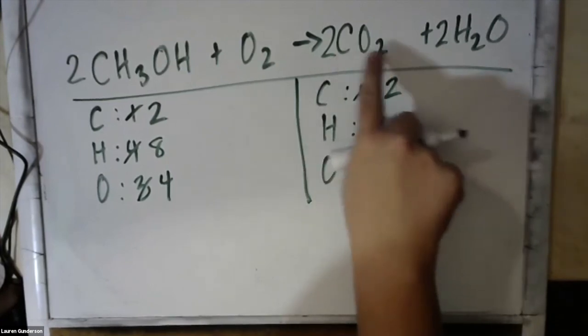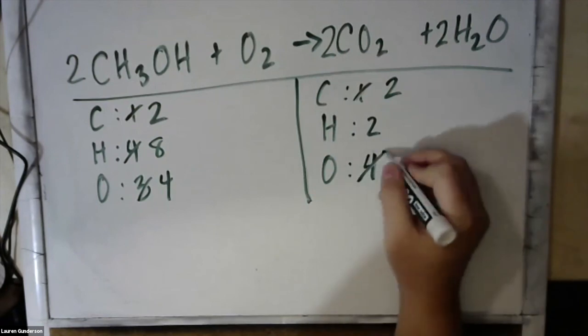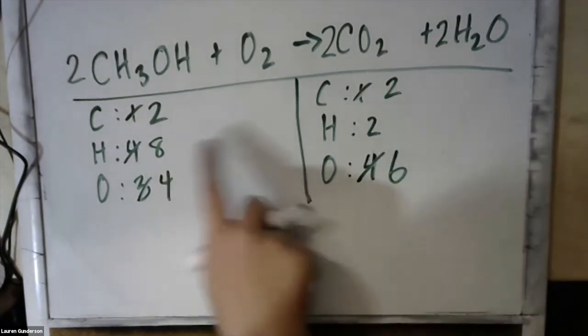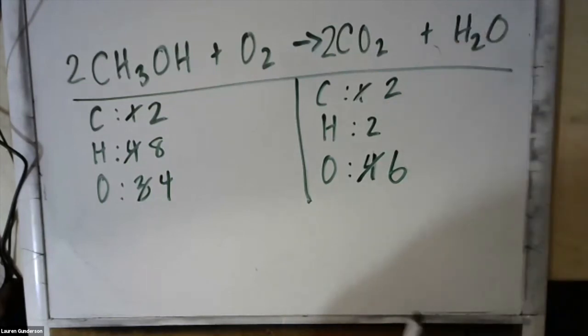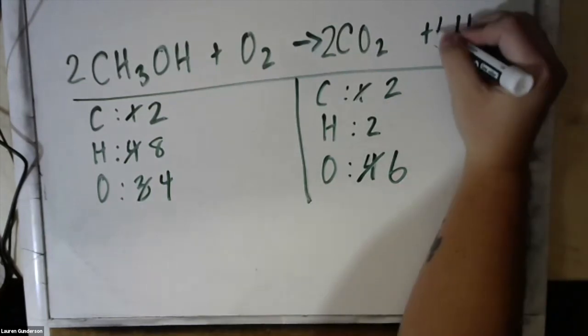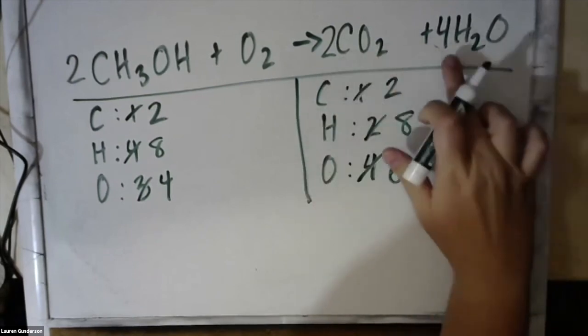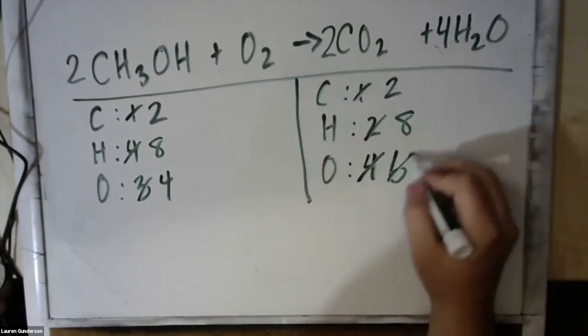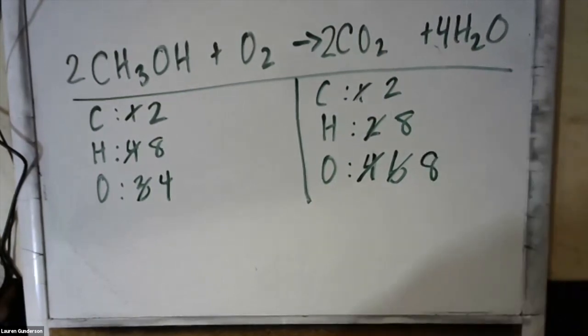And 2 times 2 is 4, 5, 6 oxygens. And I have to fix my hydrogens. So instead of 2, I'm going to have a 4 in front of my H2O. And that's going to become 8.